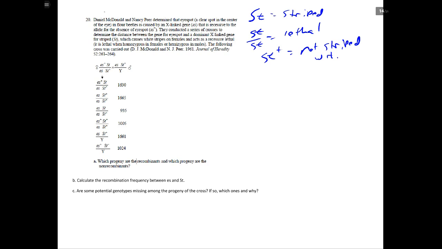So here, this is a test cross because, well, it's kind of like a test cross. This guy is heterozygous for both genes. So that's good. We want to be able to show when recombination has occurred. So we really only care about what's happening in this individual.